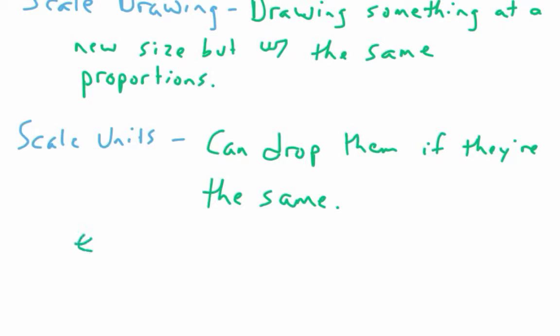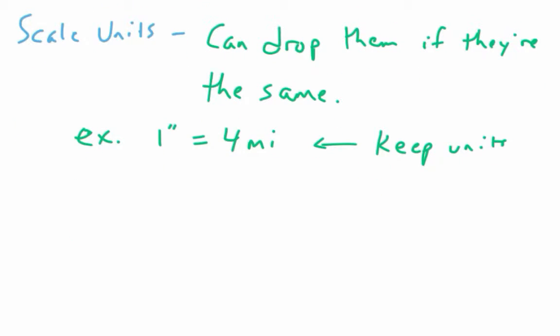If you have something like 1 inch equals 4 miles, then you need to keep the units. Whereas if instead you had something like 1 inch, maybe I should do inches this way. You guys used to the quotation marks standing for inches? Okay, so at least some are. If you have 1 inch equals 5 inches, then you can drop them.